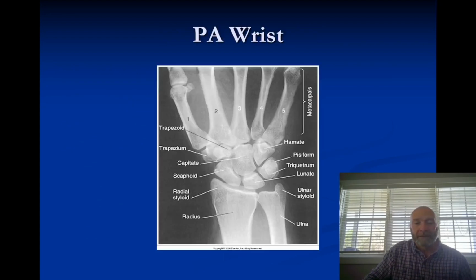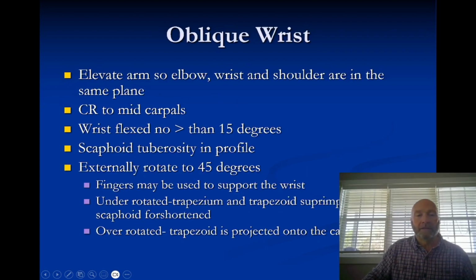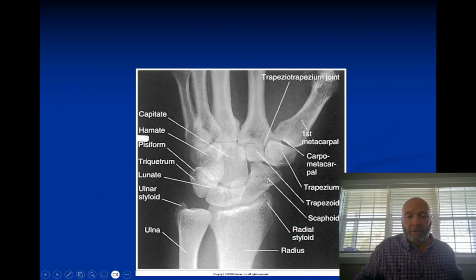So going back to our hand, what we've got is the capitate is here, scaphoid here, trapezium, trapezoid there and there. So over rotation is going to take those and put it on capitate. So that's what we should see. So we've got the scaphoid with less superimposition. Remember the oblique of the hand.